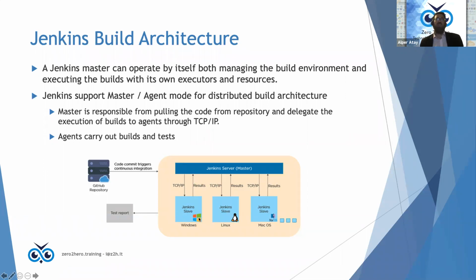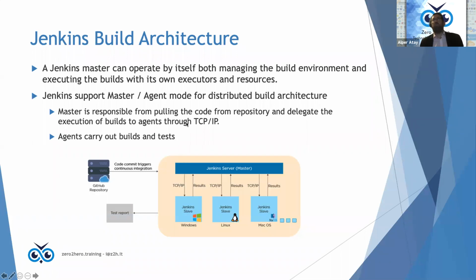For one Jenkins slave we could use Windows, for one we could use Linux, and for another one we could use macOS. This gives us the flexibility to build and deploy our code to various operating systems and various environments. And these slaves communicate with the Jenkins server using the TCP/IP protocol.